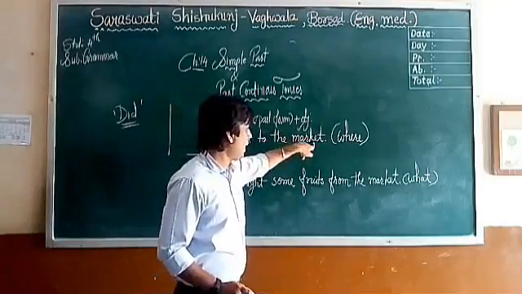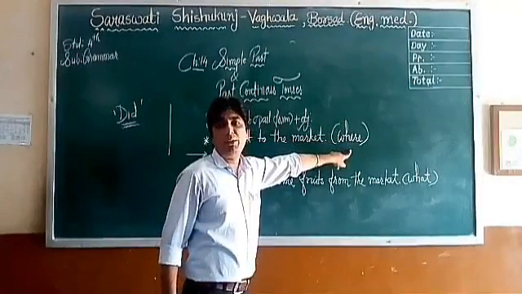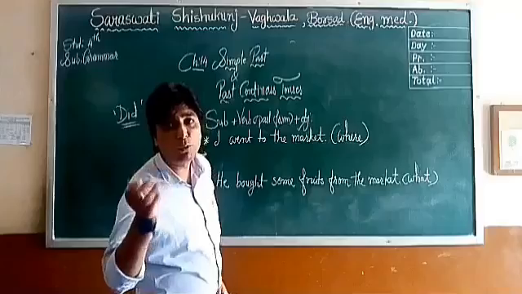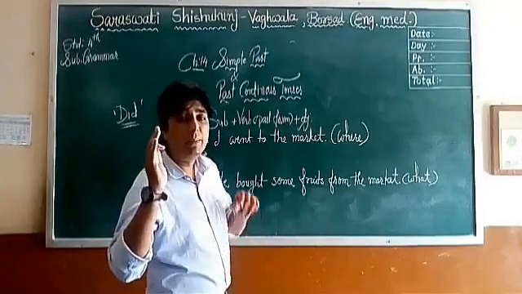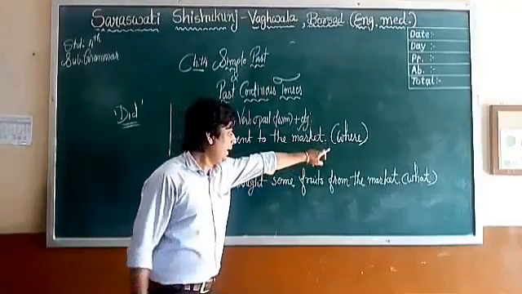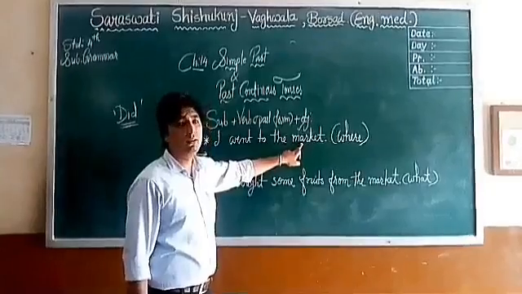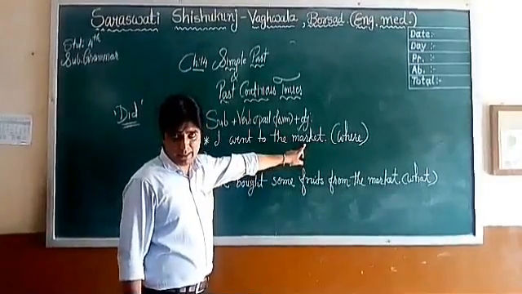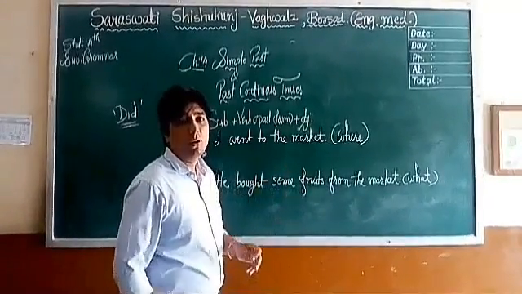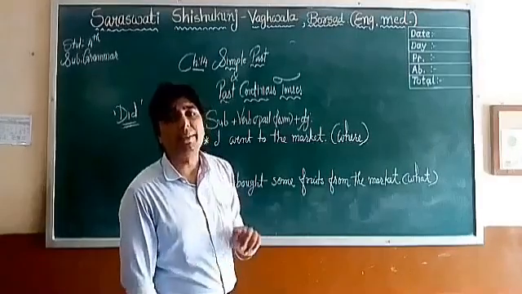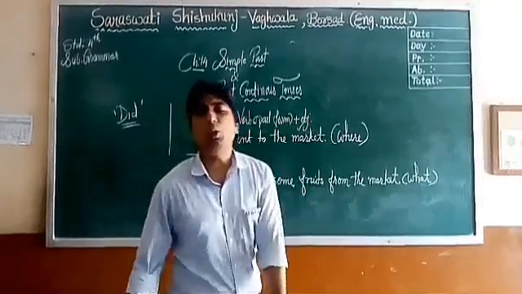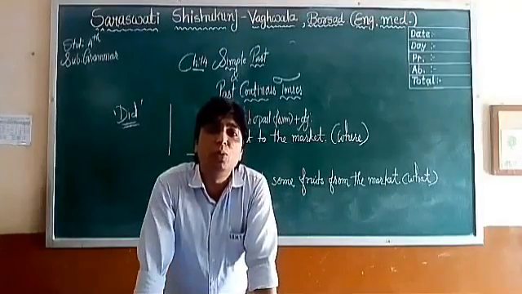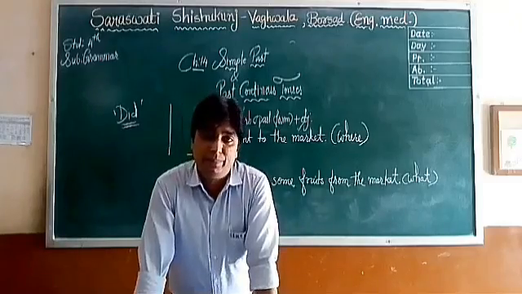I went to the market. WH question is where. Means you have to tell the place. So where? To the market, right? So market is the answer. So while converting into question, you don't have right to answer.